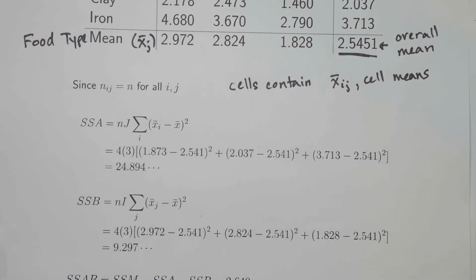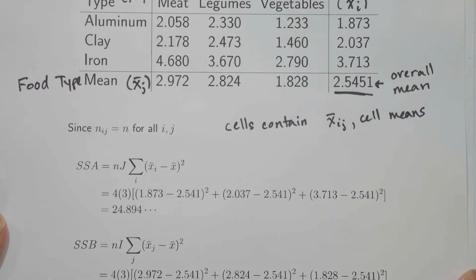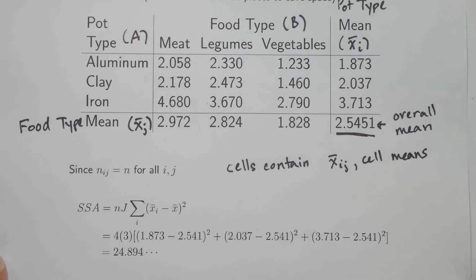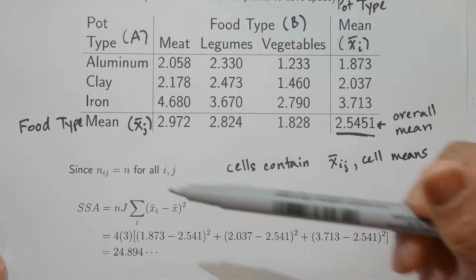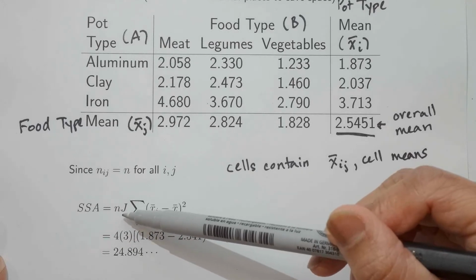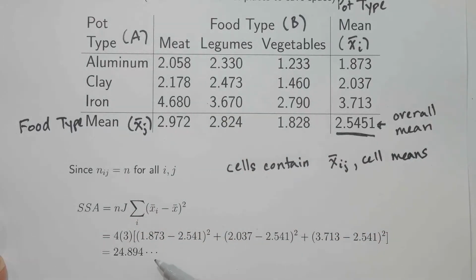So we can look at our sum of squares A. We get little n, which is 4, the number of replicates, times capital J, 3 different food types, and then 1.873 minus the 2.5451.